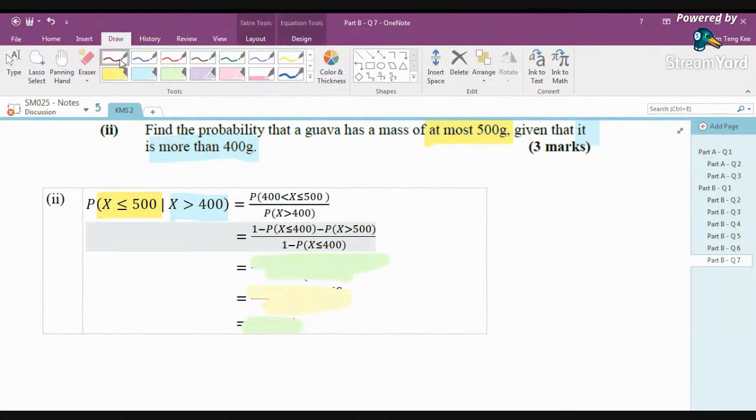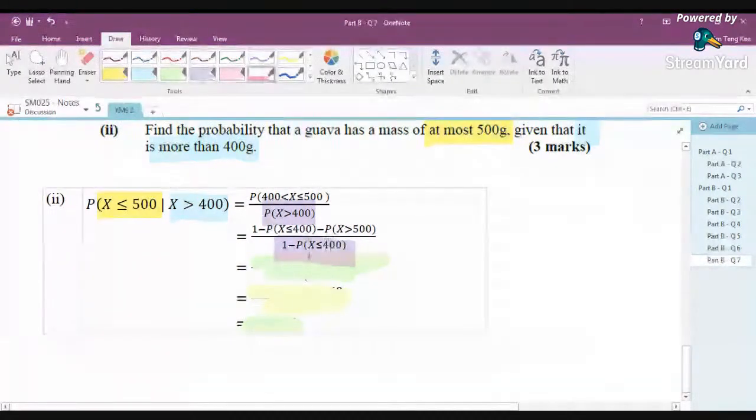Why am I not doing standardization? First of all, for the denominator, I do 1 minus. 1 minus P(X less than or equal to 400) is equivalent to P(X greater than 400). The reason I do 1 minus here is because I want to achieve X less than or equal to 400 here.